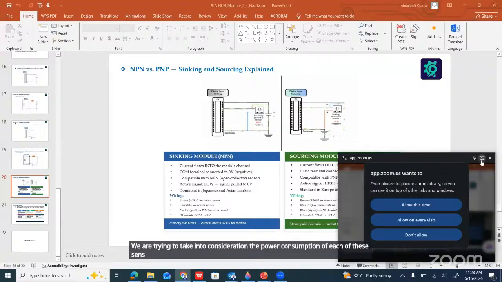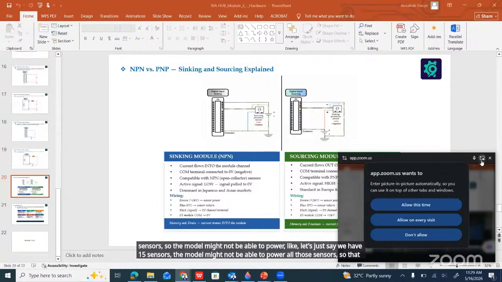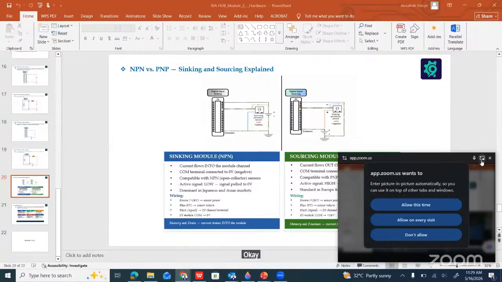Let's just say we have 15 sensors. The module might not be able to power all those sensors. So that's why we introduce this external 24-volt power supply. It is also a recommended standard that your loads will have a separate power supply from your PLC.